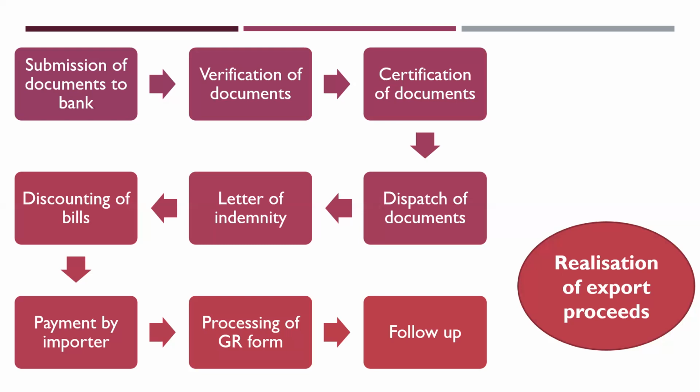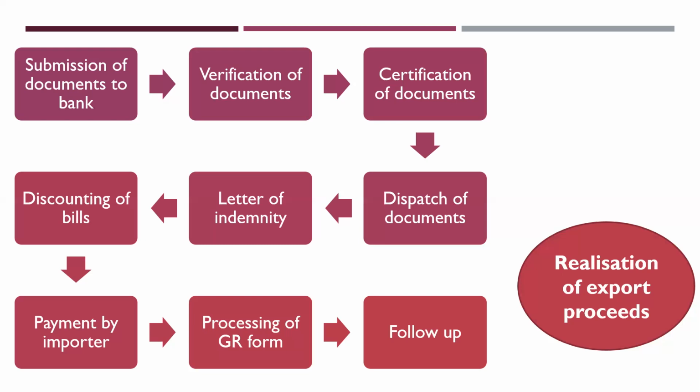Okay, so this GR form is a proof. This GR form is a form that the exporter needs to get from the bank, which will specify the commercial or monetary aspect of your trade, and it will also specify what amount the exporter needs to give to the government.